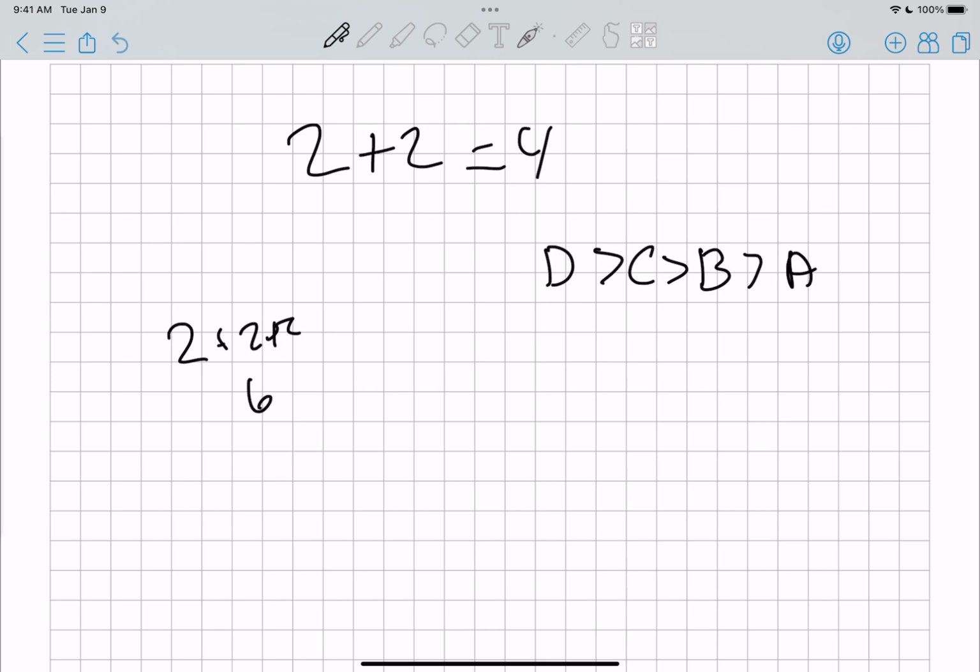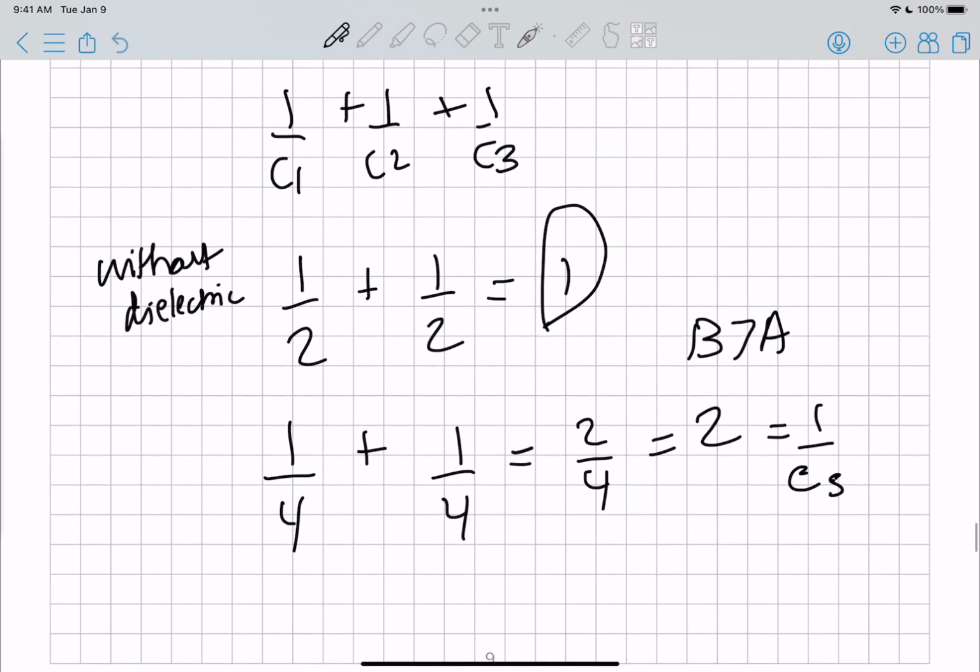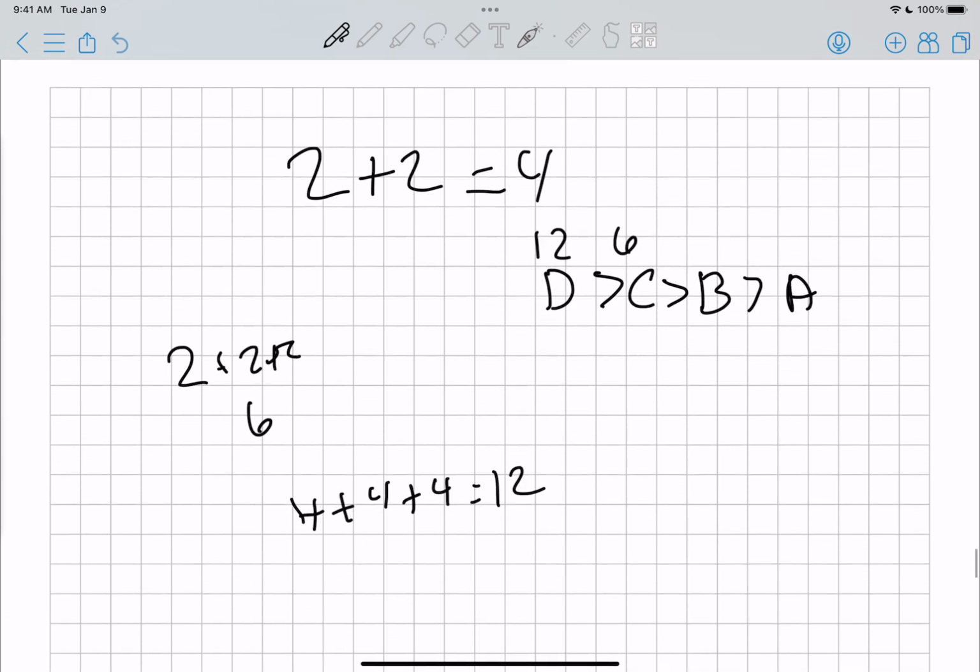Well, what if each one had a dielectric in between, so it doubles, so now it's 4 plus 4 plus 4, so now it's 12. 12 is clearly greater than 6. So this is 12, this is 6. What is B? We said that was 2, and A was 1. So if you plug numbers in, you could easily see that ranking. And I think that's probably the best way to go about it.